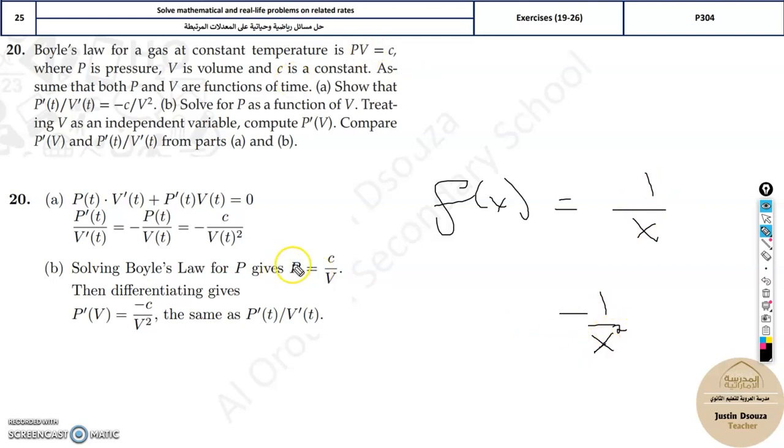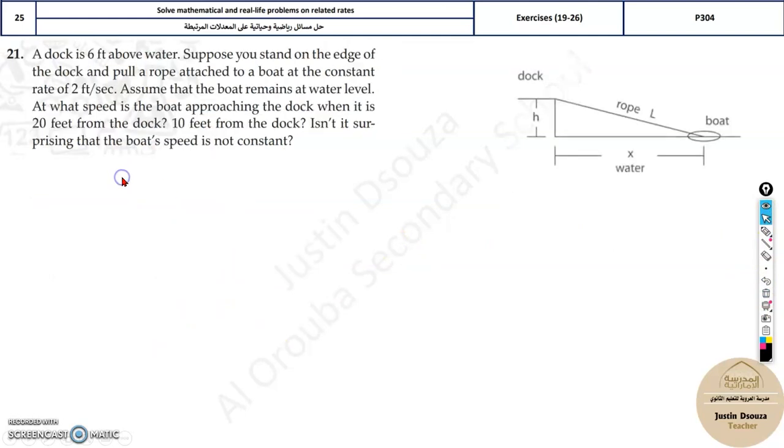Same way, differentiate pressure with respect to volume. This is constant, but this will be derived and you will have to solve. It'll be the same thing. See, minus C by V squared, like minus 1 by x squared, and this will be just P dash V. And then compare the answers. The answers will be the same thing. Similarly, please do try the other problems.